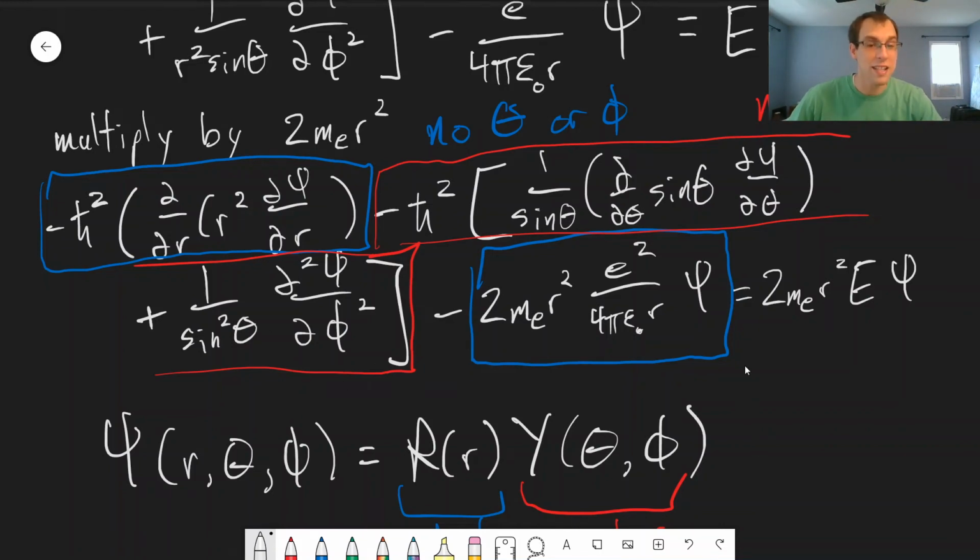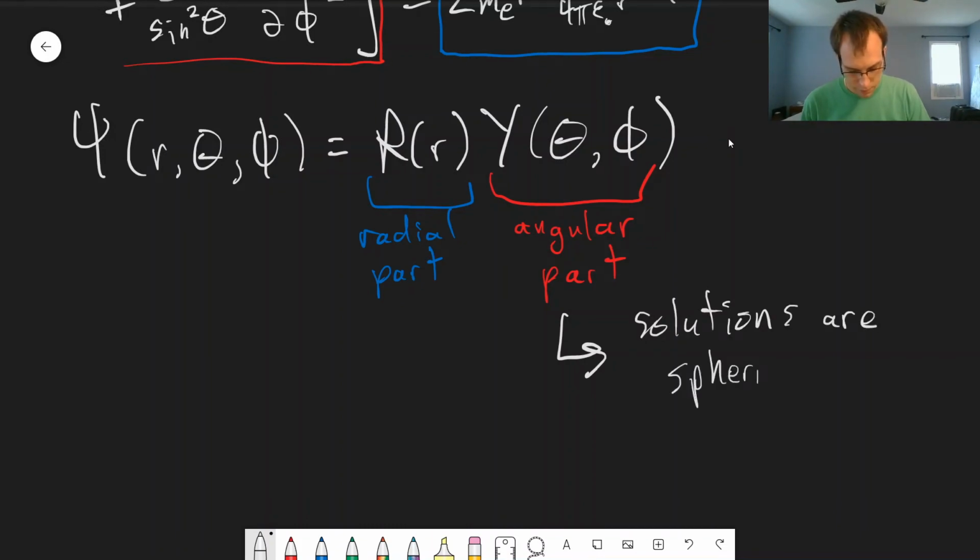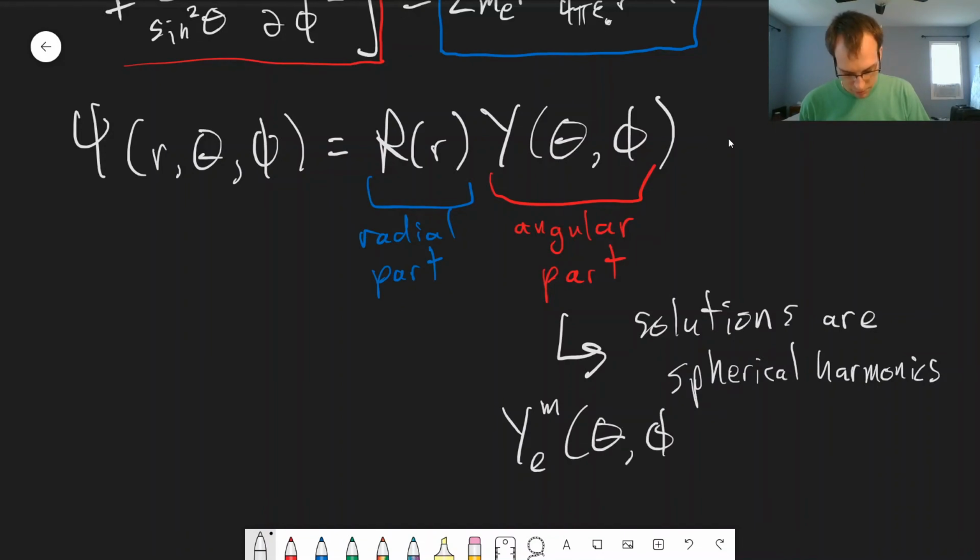And so it's actually the exact same solutions for the angular part. The solutions are the spherical harmonic functions. And that's why I use the symbol Y, because the solutions are these Y_lm functions that we looked at a little bit in the last chapter.